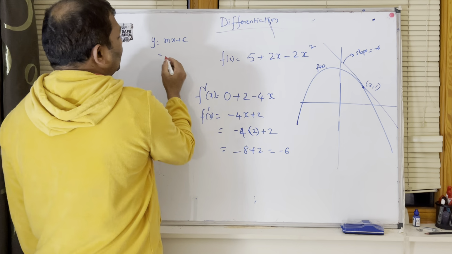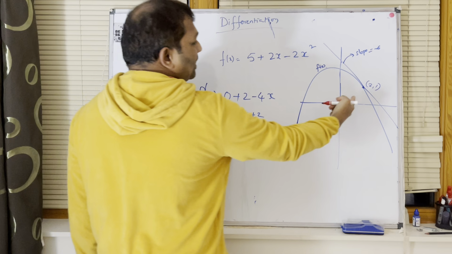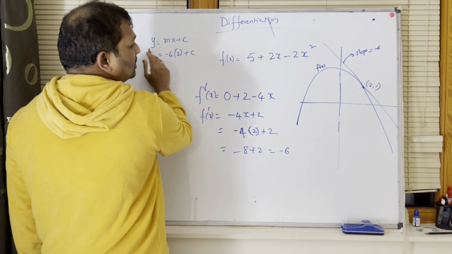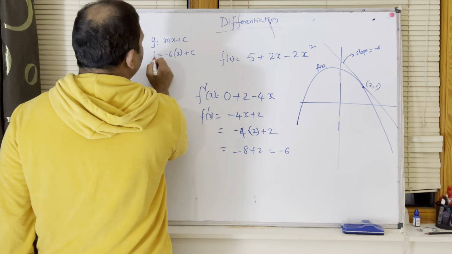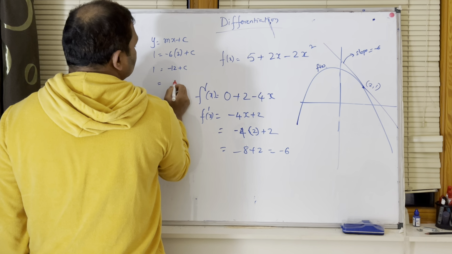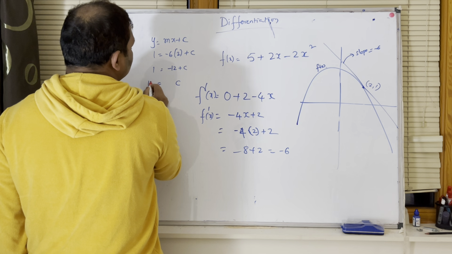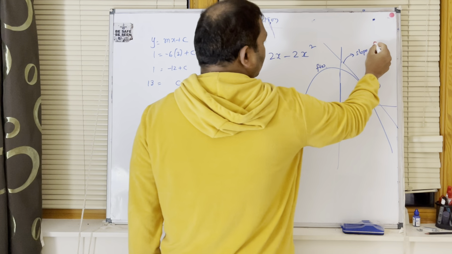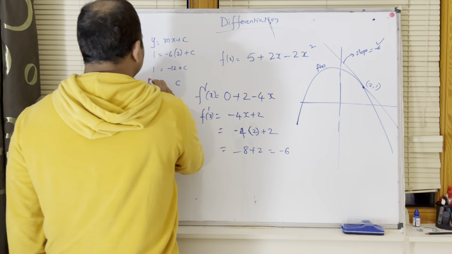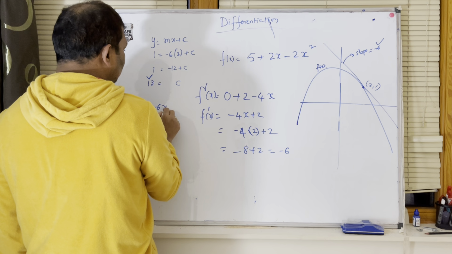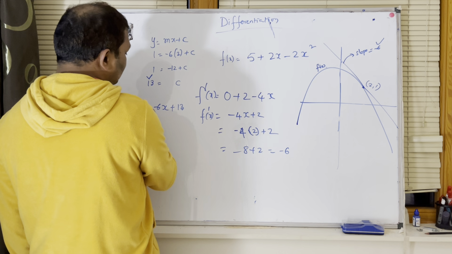What is m? Minus 6. Put this point here: x is 2, y is 1. Minus 12 plus c is equal to 1. So c, if it goes to the other side, is going to be 13. So y is equal to minus 6x plus 13.